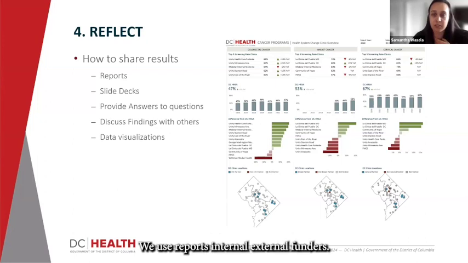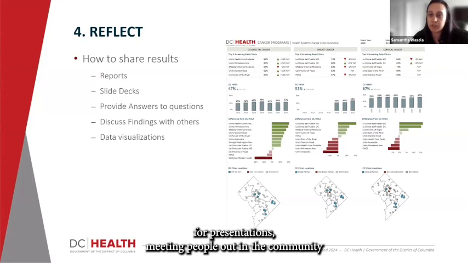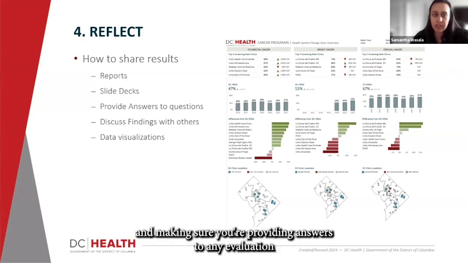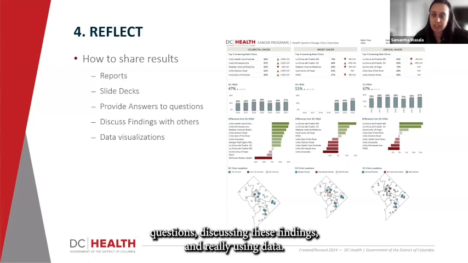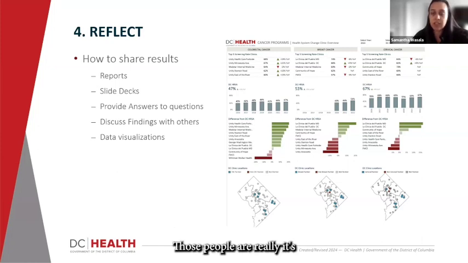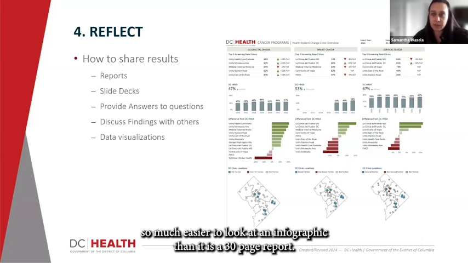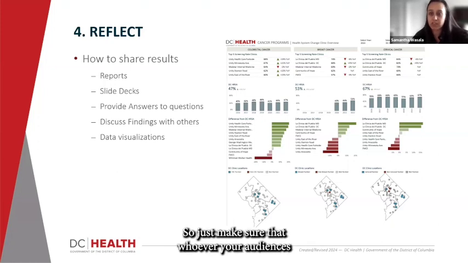We use reports for internal and external funders. Slide decks are really useful for presentations, meeting people out in the community, providing answers to evaluation questions, discussing these findings, and using data viz. It's so much easier to look at an infographic than a 30-page report. So make sure that whoever your audience is, the report is correctly tailored to them.